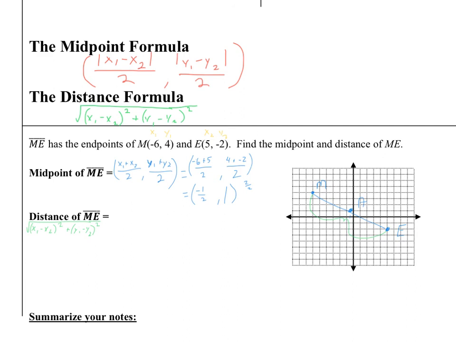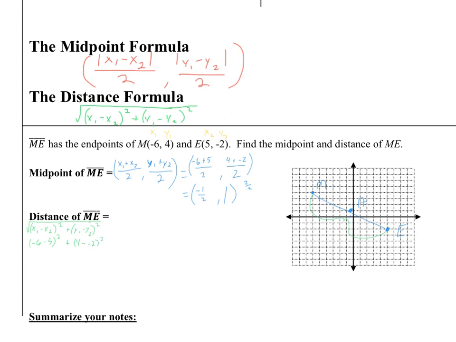So x1 is -6, x2 is 5. So we've got -6 minus 5, and we're going to square that, plus y1 is 4 and y2 is -2. So y1 is 4 minus -2 squared.